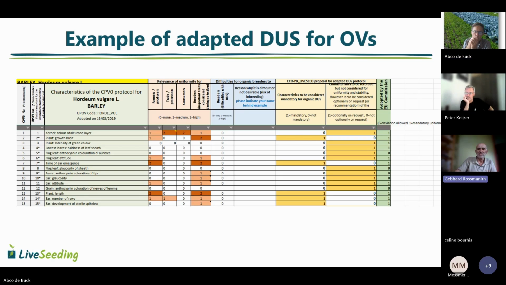No, I want to reflect on that. For me, both proposals do not really work. The first, a fixed number of characteristics, is not really working, because we have such different numbers of tested characteristics within various crops.